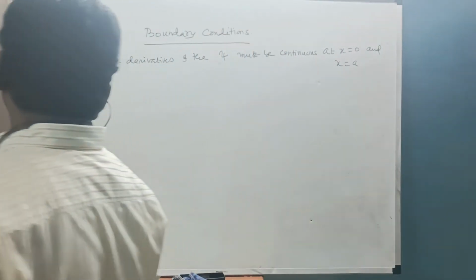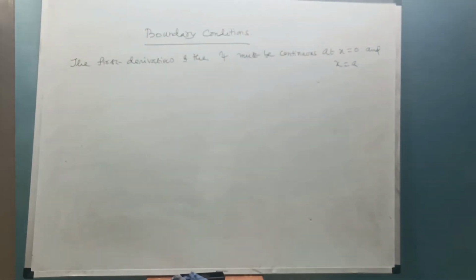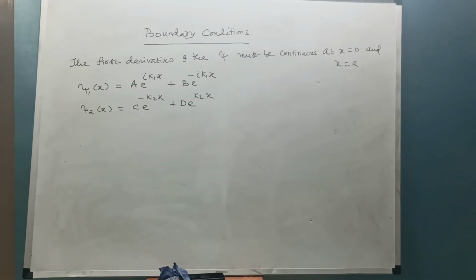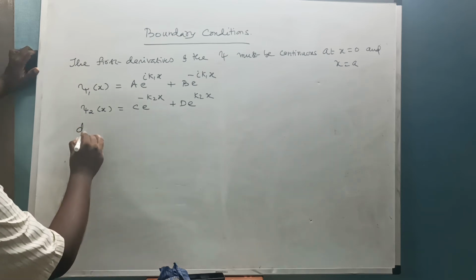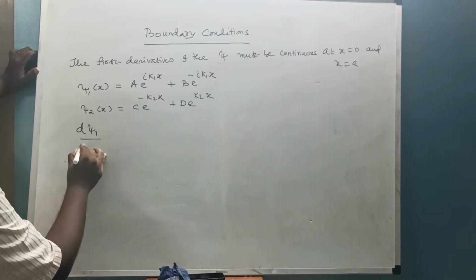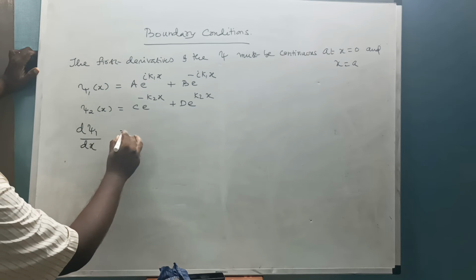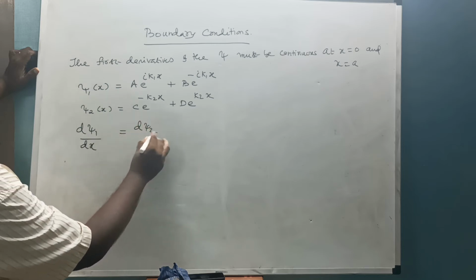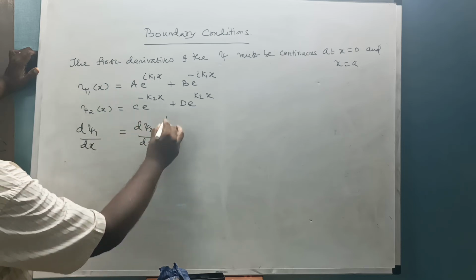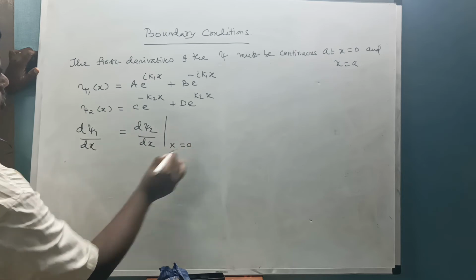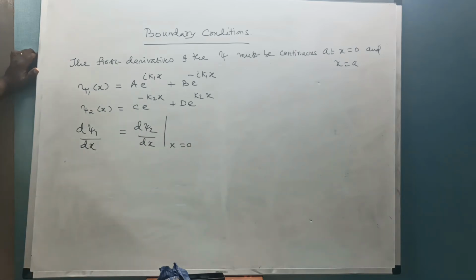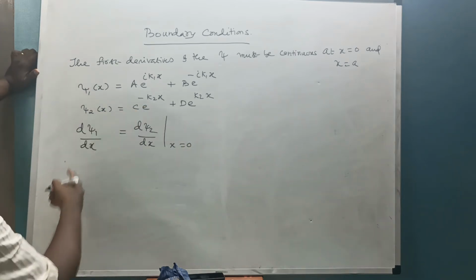So this is the second boundary condition we have to apply. First derivative means d psi by dx. We know the values of psi 1 of x and psi 2 of x, so we can apply the boundary condition d psi 1 by dx equal to d psi 2 by dx at x equal to 0.